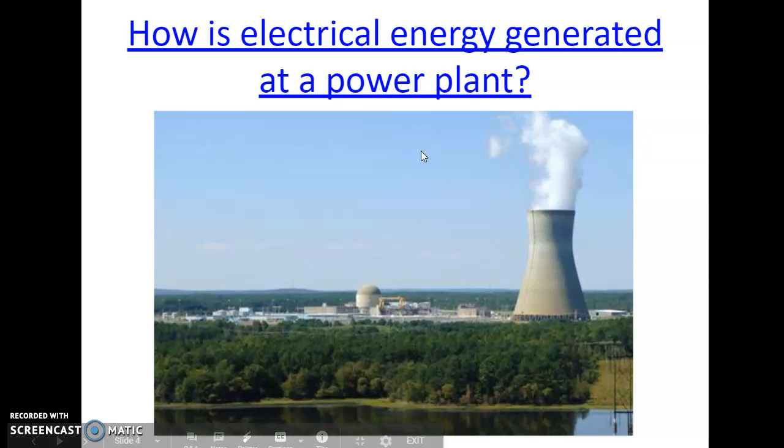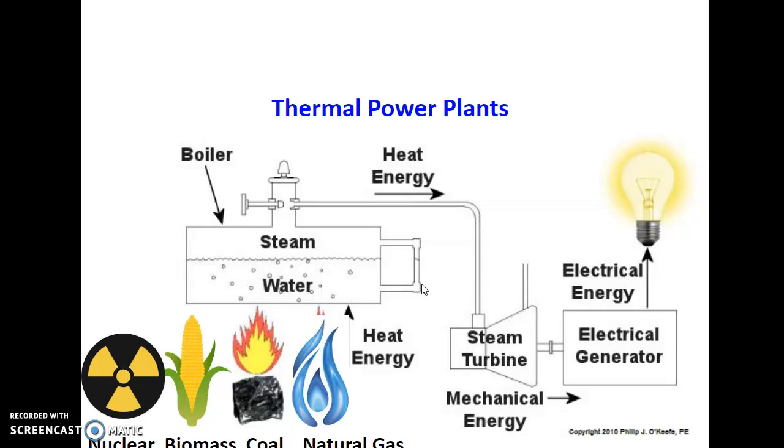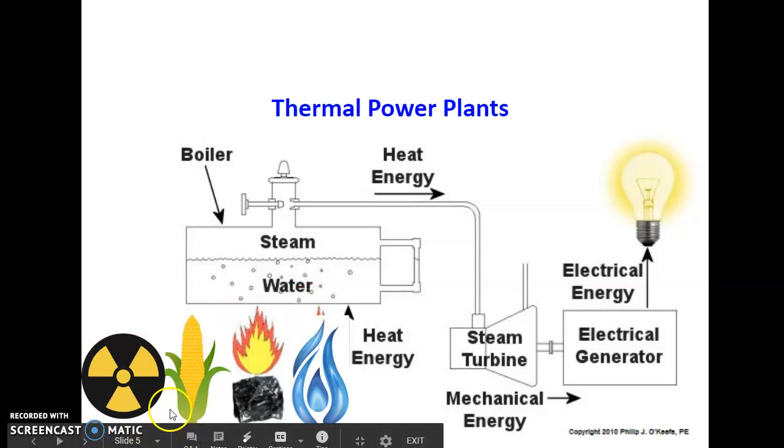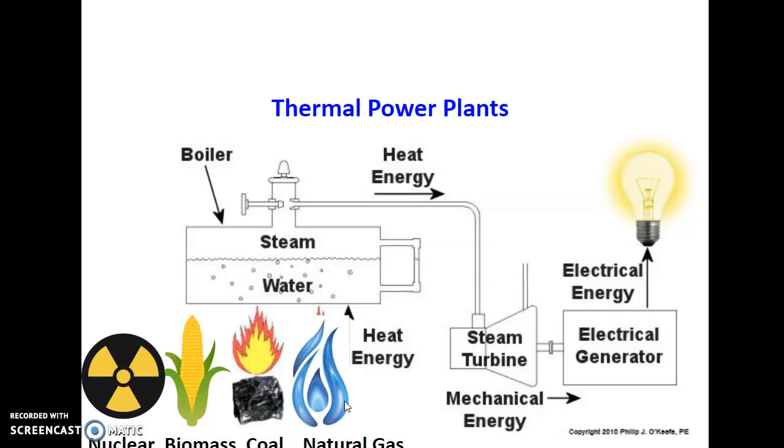We're going to be talking about how electricity is generated at a power plant. There's a video that's hyperlinked here that you're welcome to watch later, but for time purposes, I'm just going to go ahead and explain it to you. Essentially, there are these forms of energy: nuclear energy, biomass, coal, natural gas.